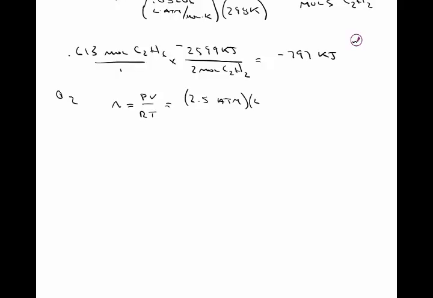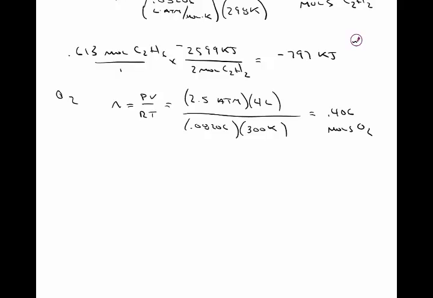There are 4 liters of the oxygen gas. Divide that by 0.08206 liters atmospheres per moles Kelvin, and multiply that by the Kelvin temperature, which is 300. I got that from adding 27 to 273. And the number of moles I got for the O2 is 0.406 moles of O2.